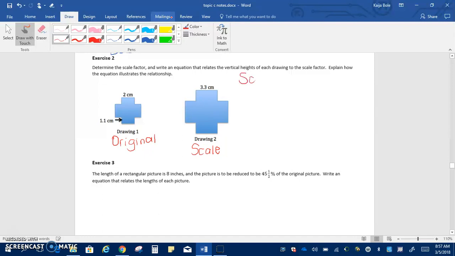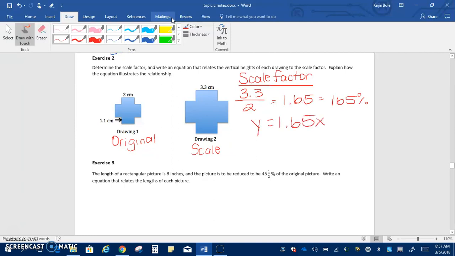So to find our scale factor, first we have to use one that they both have, and remember it's scale over the original, so it would be 3.3 over 2. And this gives us 1.65, which would be 165%. So our equation then would be y equals 1.65x.